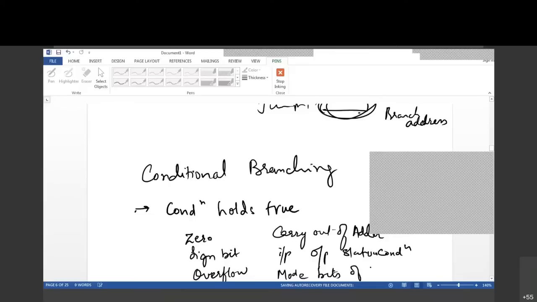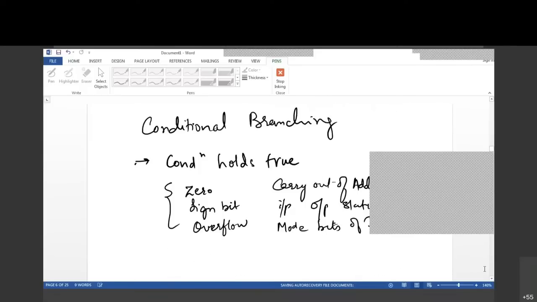Mode bits of instruction. So these are the different conditions which can be checked for changing the control of execution, that is providing a specific address and storing that address to your CAR.